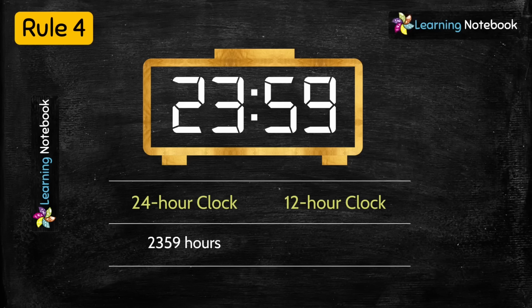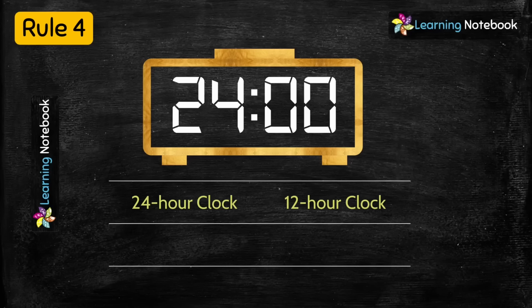So it means this time is in PM. So let's calculate number of hours. It will be 23 minus 12, which is equals to 11. So time will be 11:59 PM.